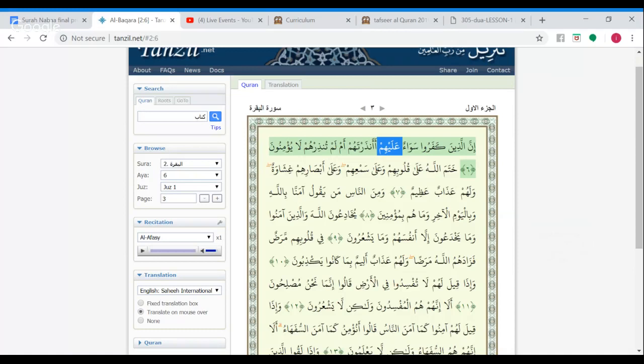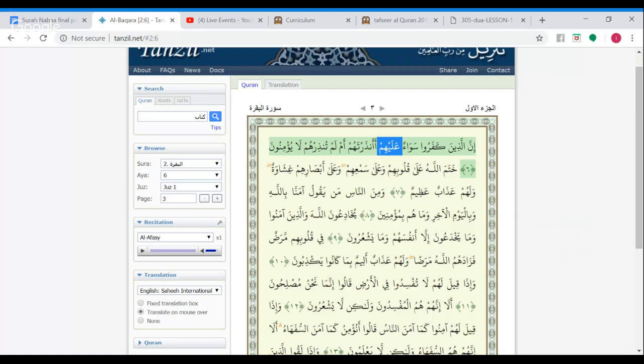The ya will be written and pronounced. Alayhim, ala plus hum. So it's not alahum. The original form is hum, right? Then it becomes him if it comes with alay. Alayhim. So it is a pronoun. What is the status of this him? Majroor, because of the ala, because ala is a harf jar.